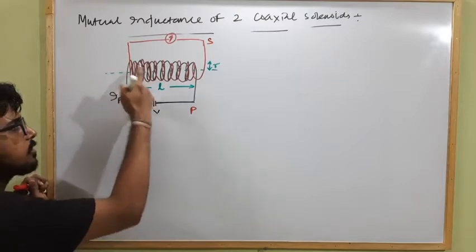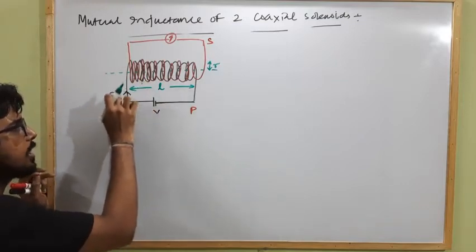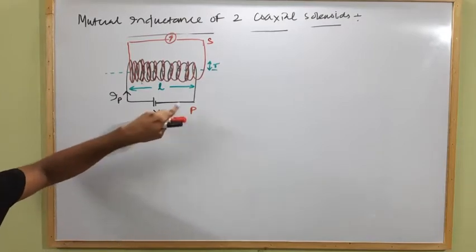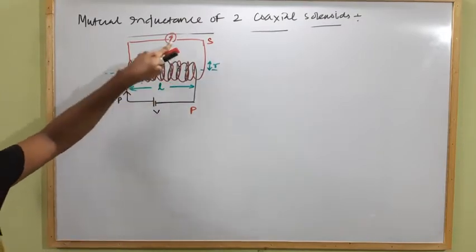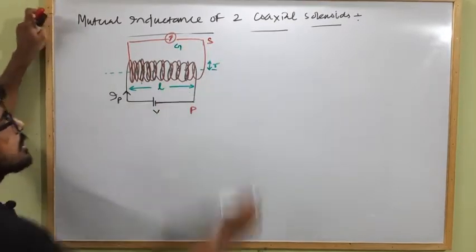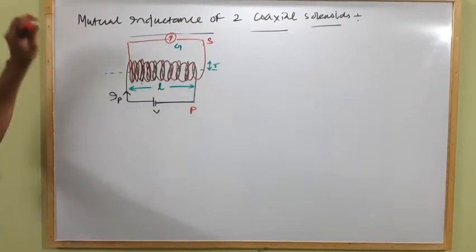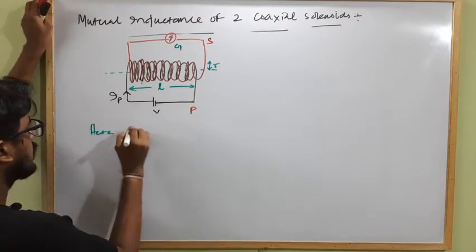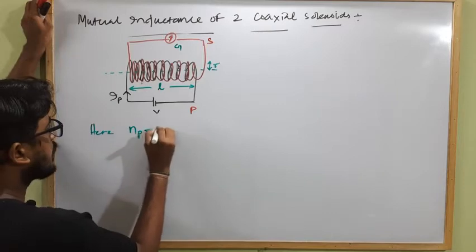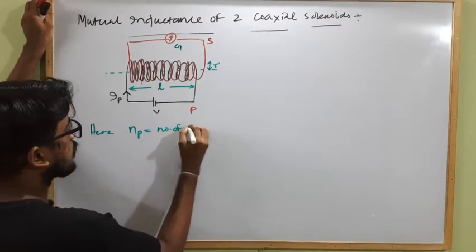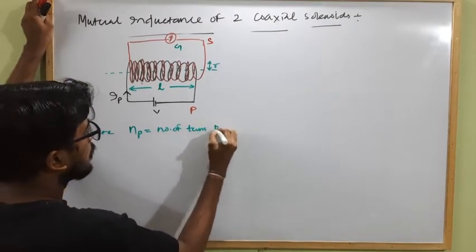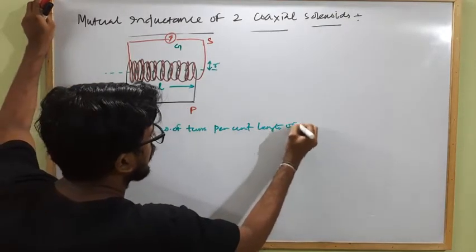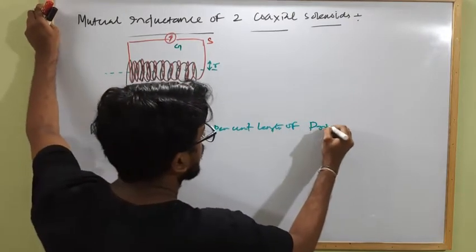The one connected to a source, through which current IP is flowing, is known as the primary coil or primary solenoid, and the one attached to a galvanometer is known as the secondary coil or secondary solenoid. Okay, so here NP equals the number of turns per unit length of the primary coil.